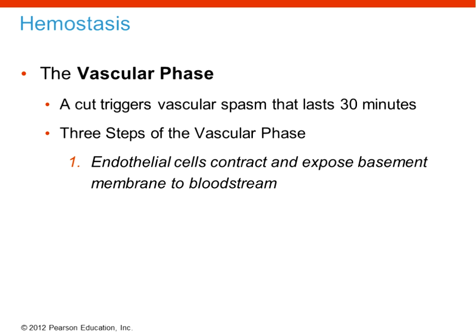So our very first phase we have here is your vascular phase, which we've already decided must have something to do with the blood vessel. So in the vascular phase, there's been some sort of cut or injury that's going to trigger vascular spasms that are going to last about 30 minutes. Your blood vessels, believe it or not, are not just hollow tubes that stuff goes through.